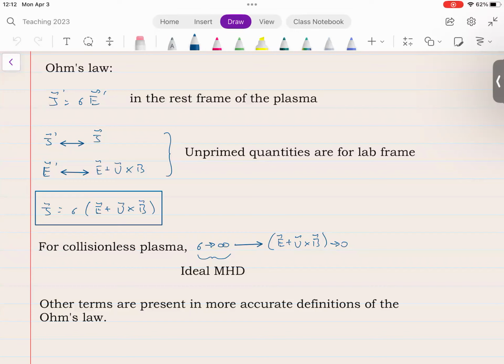The most notable terms are what's called the Hall term that is proportional to J cross B, and the electron pressure term that is proportional to the divergence of the electron pressure tensor.